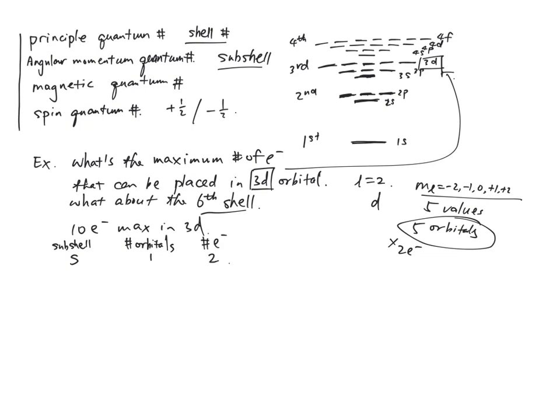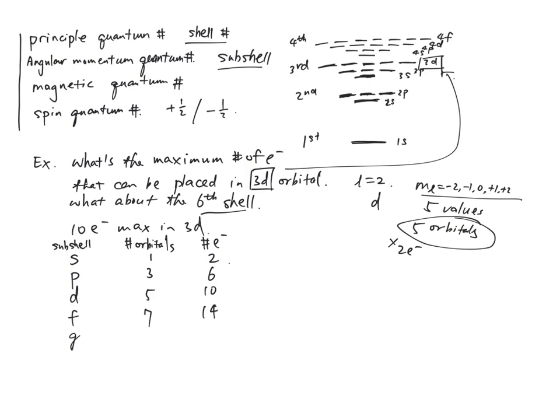Any s subshell has 1 orbital and 2 electrons. A p subshell has 3 orbitals, and double that, 6 electrons. D has 5 orbitals, 10 electrons. F has 7 orbitals, 14 electrons.